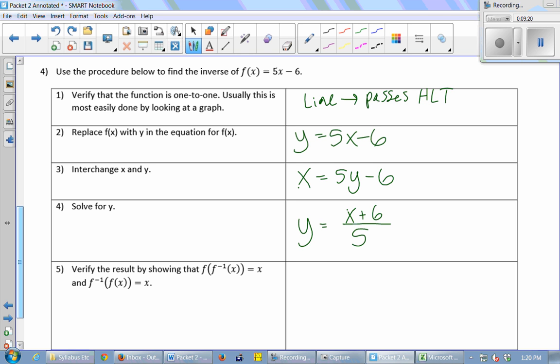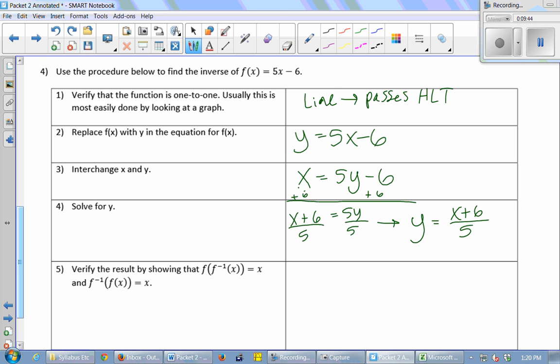Maybe I should write out the steps because it won't always be that easy. Plus 6, plus 6. I have x plus 6 equals 5y. Divide by 5, divide by 5. And I get y equals (x plus 6) over 5. And I left out a step.